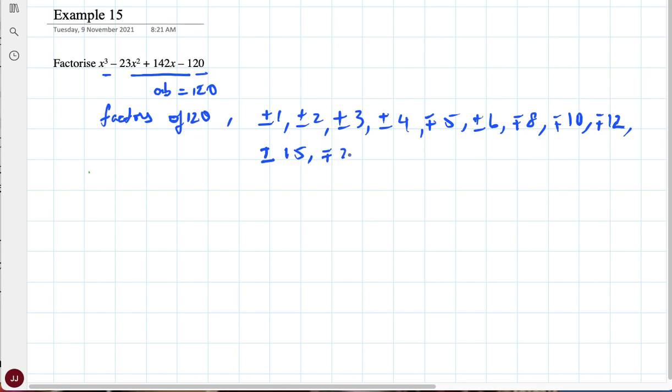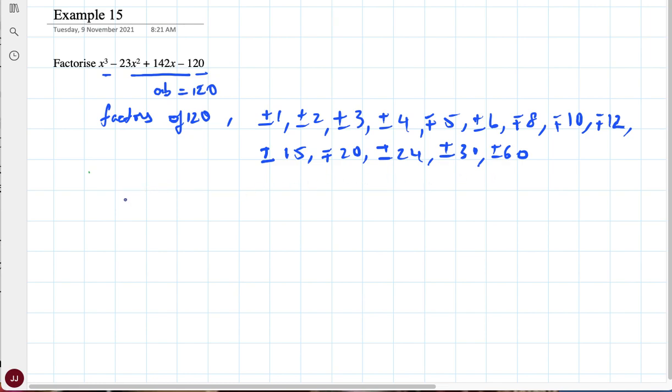Again we have 20, 24, 30 and 60. Okay, so it has to be less than 120 divided by 2, that is 60, right? It cannot be more than 60 for 120. So by trial and error method, we have to go one by one.